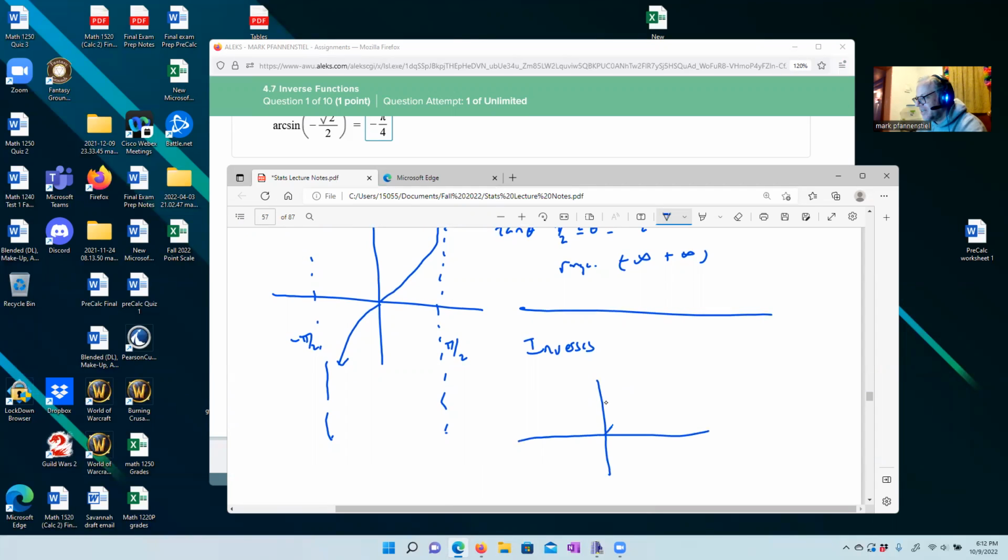Tangent looks something like this. We've got a horizontal asymptote; vertical asymptotes turn into horizontal asymptotes. Okay, so we have two horizontal asymptotes that are in different places. One of them is at pi/2, one of them is at -pi/2.